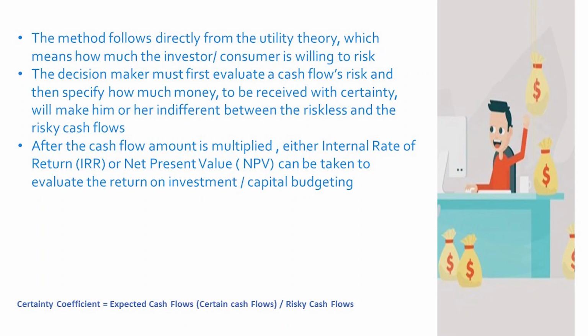Now, the certainty equivalent approach flows directly from the utility theory. Utility theory is mainly taken from economics, which means how much the investors or the consumers are willing to risk in a particular utility that they need to invest in.